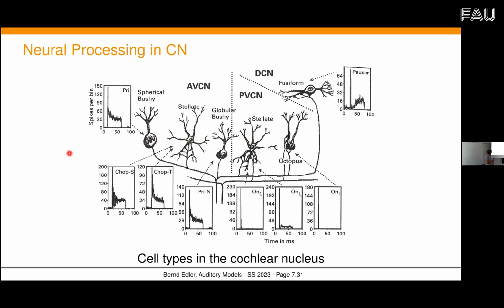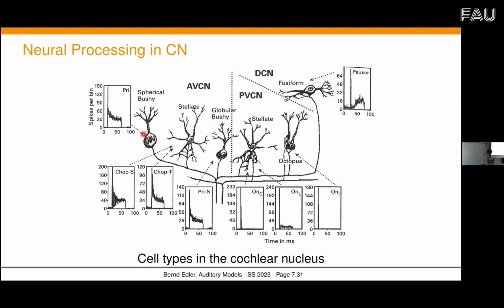And what is shown associated to the different shapes of the cells, as far as specific properties have been found, is their spikes and duration, the connection between spike rate and duration.